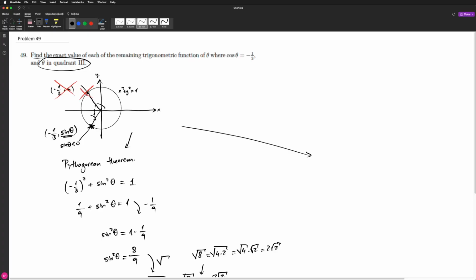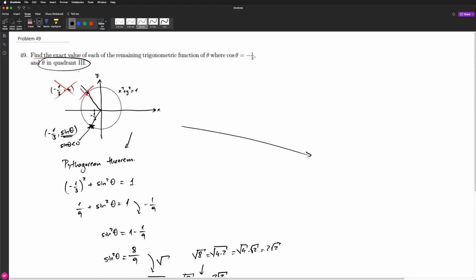Now, during this whole computation, I haven't worked with a specific theta. There are many angles. When you draw them in standard position, they give the same terminal ray. That's fine. So we're not interested in what theta is. We're interested in what the trigonometric values of theta are.